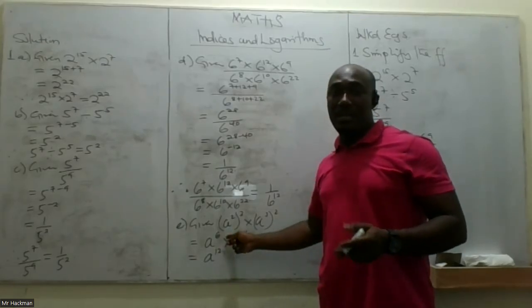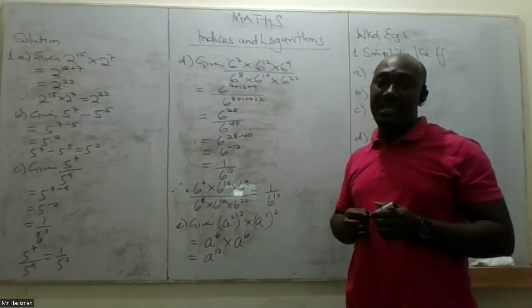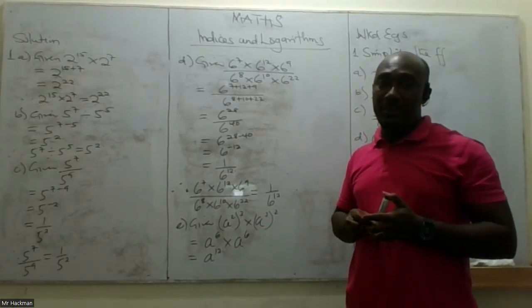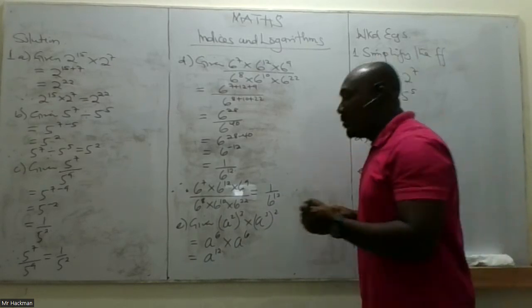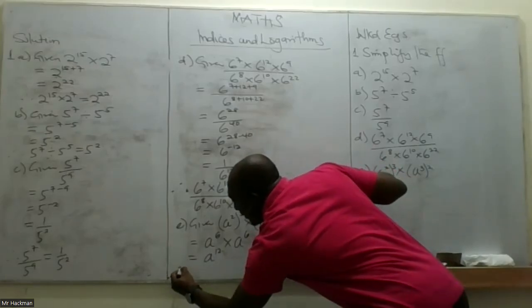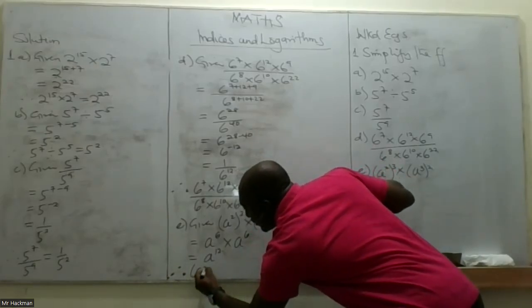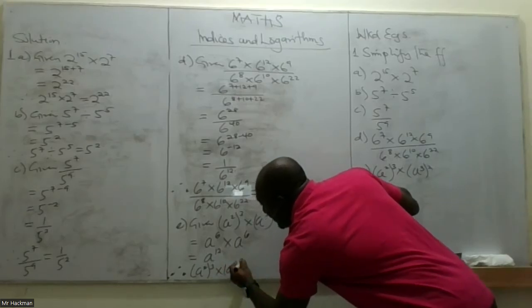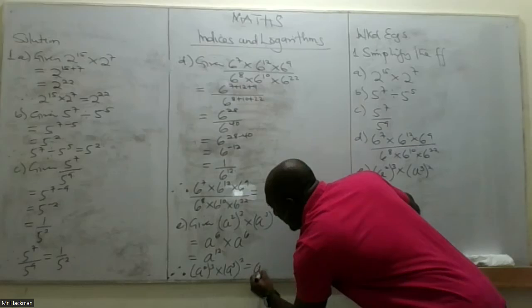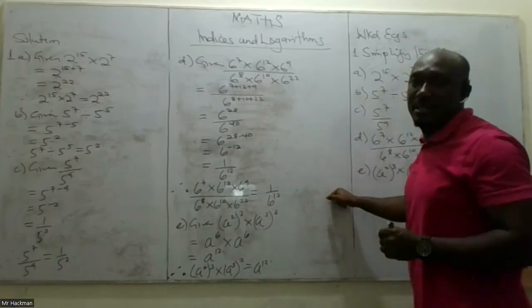I said you can do the addition of the exponent step mentally. Is that clear? So we comfortably draw our conclusion. Therefore, a squared cubed times a cubed squared is equal to what? a to the power of 12. As simple as that.